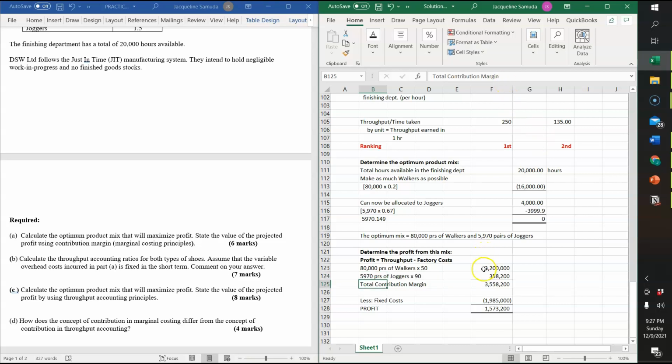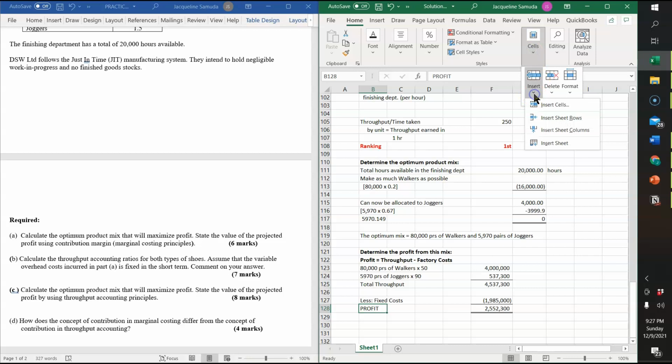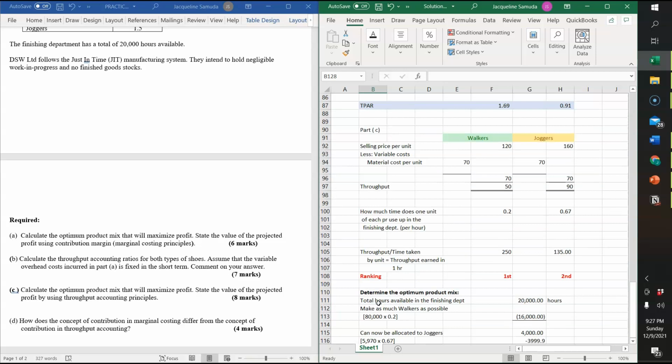And do the same in the data. Likewise down here. So what you're going to get here is not a total contribution margin, but a total throughput. And we're not going to be just subtracting the fixed cost. We're also going to be subtracting the variable production overheads. Let's see if we can pick that up.